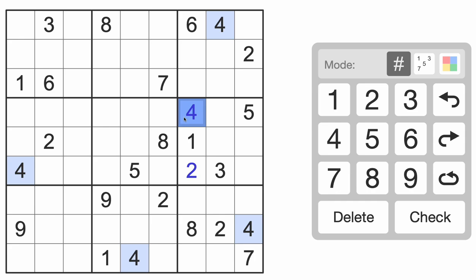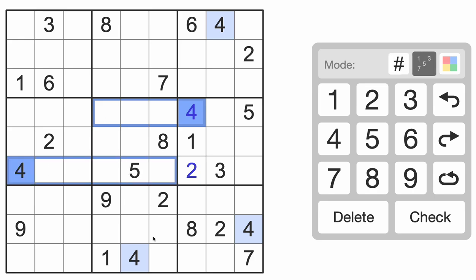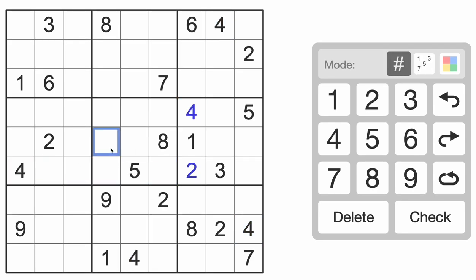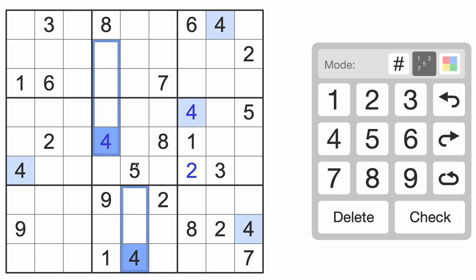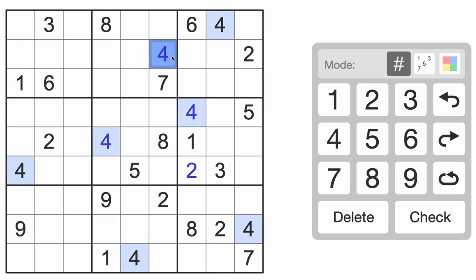I can place 1 in box 5. 4 gives me 4 here. That will let me place 4 in box 2. And that will let me place 4 in box 1.